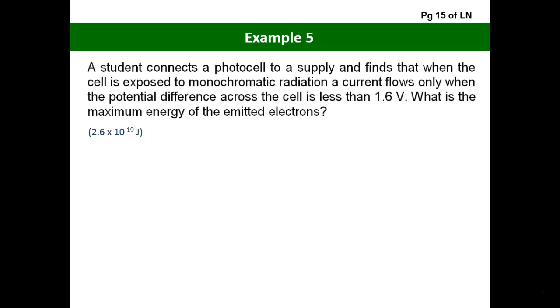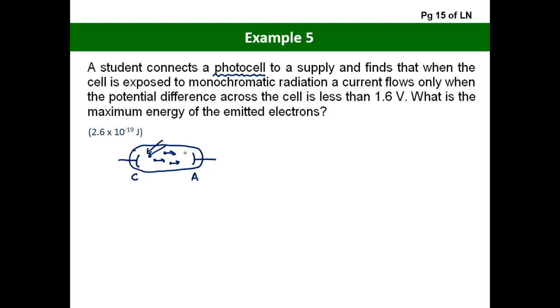Of course, what you may want to ask is actually what is a photocell? Okay, so a photocell is simply similar to the setup of a photoelectric experiment. It is simply a cell in which you can shine light on it. It has a cathode and an anode, such that when you shine light on it, there will be electrons that are emitted.